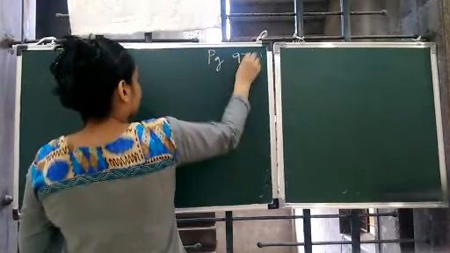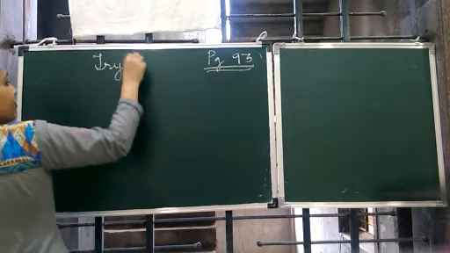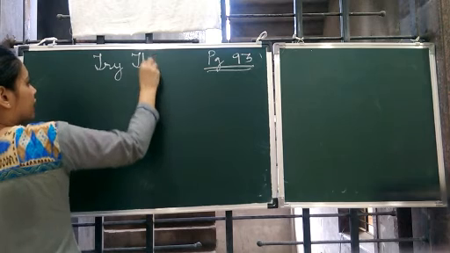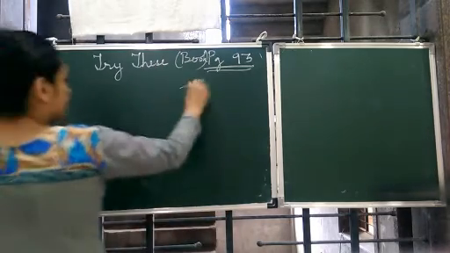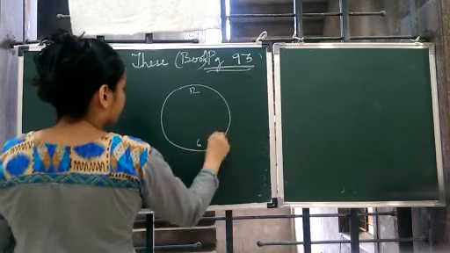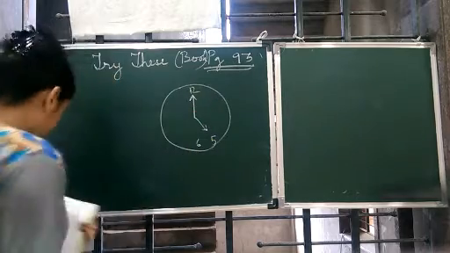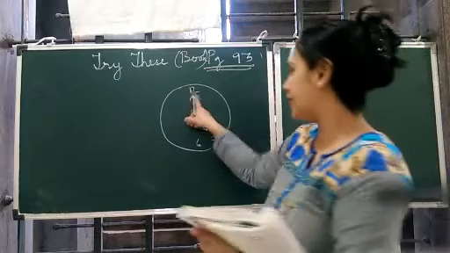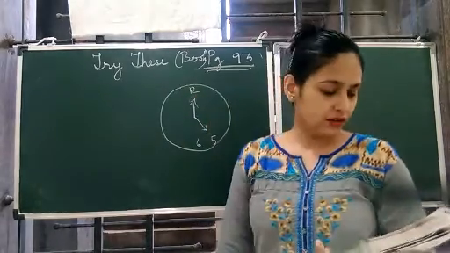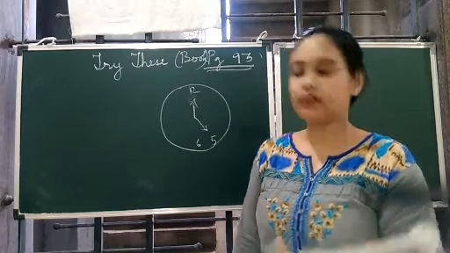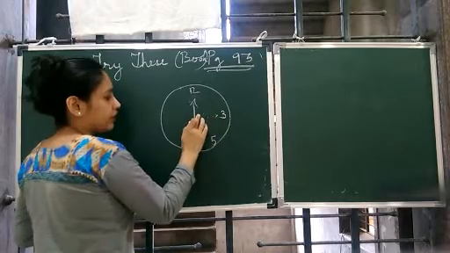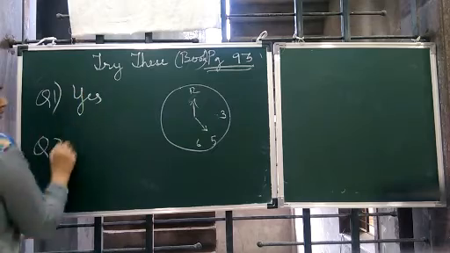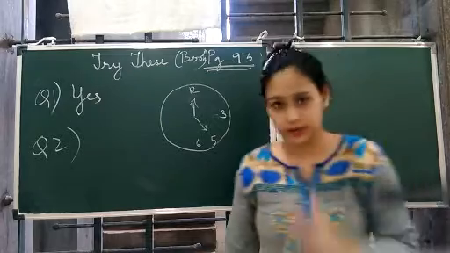Try these on page number 93, the trivia which we are going to do in the book. You don't have to make the clock, children, because the clock is already there.